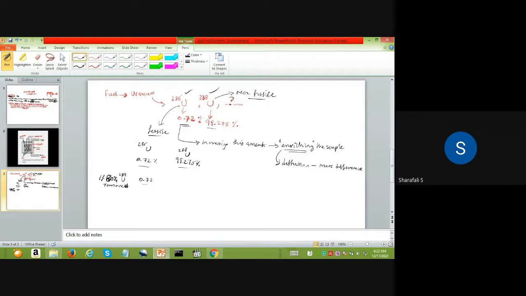Then what will the quantity be? We will have somewhere around 19.3. Because it is 80 percent of this quantity, it is not 100. So 80 percent of this is around 19.3.